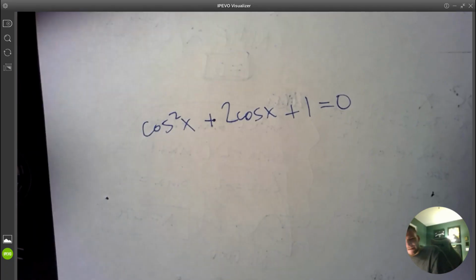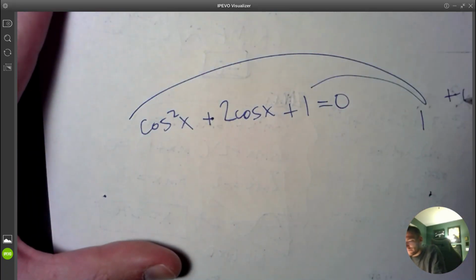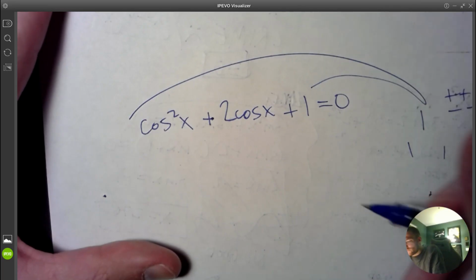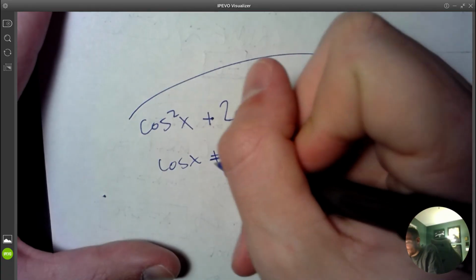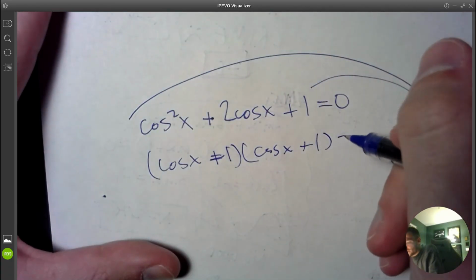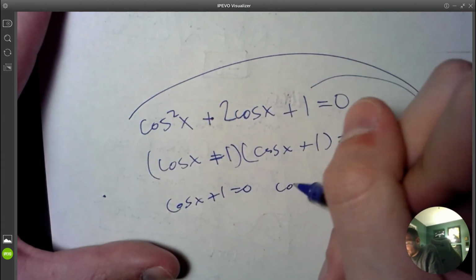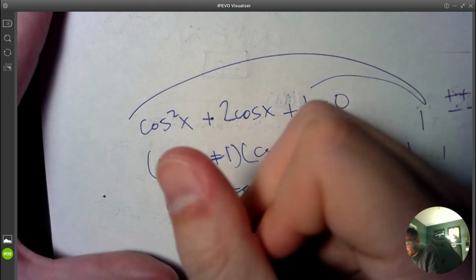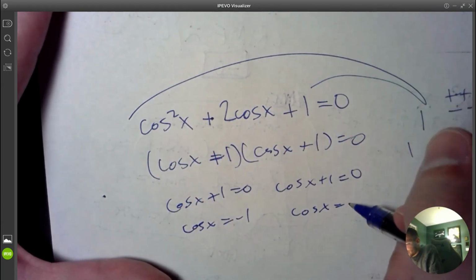You're going to try to factor this. 1 times 1 is 1, plus plus minus minus, 1, 1. How do we make 2? Cosine x plus 1, cosine x plus 1. Cosine x plus 1 equals 0, cosine x equals negative 1.